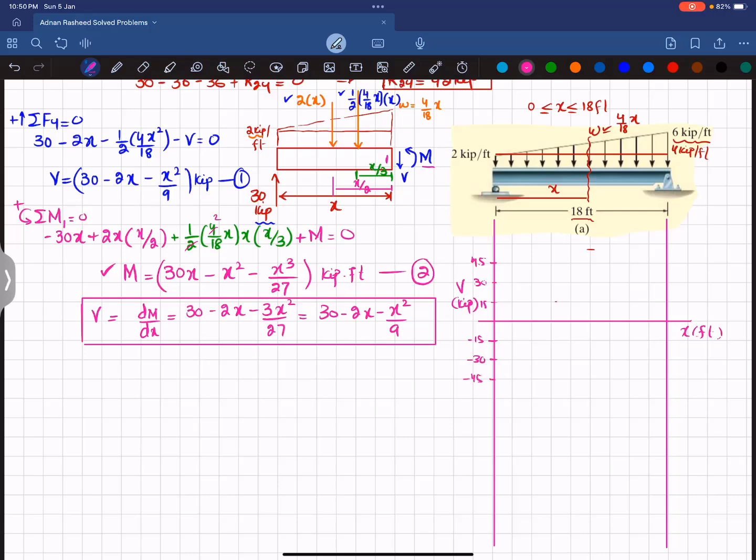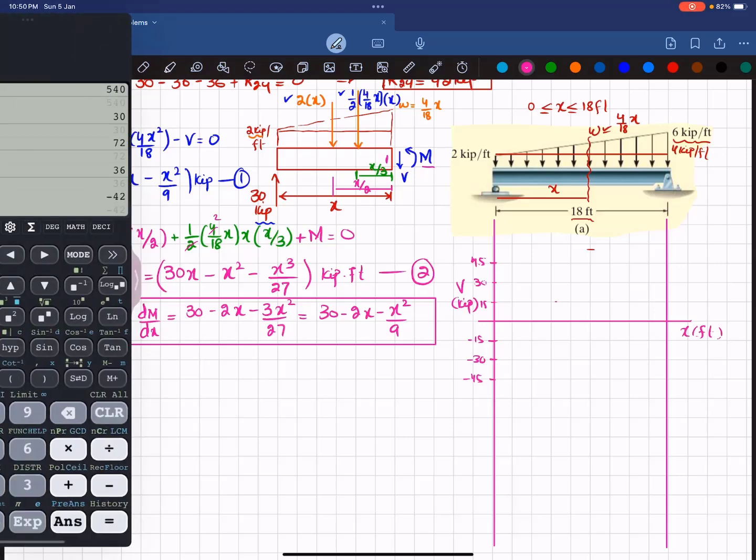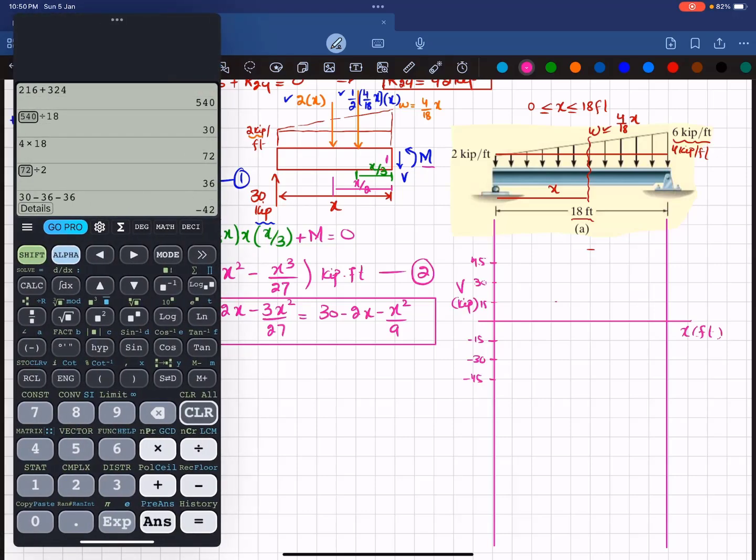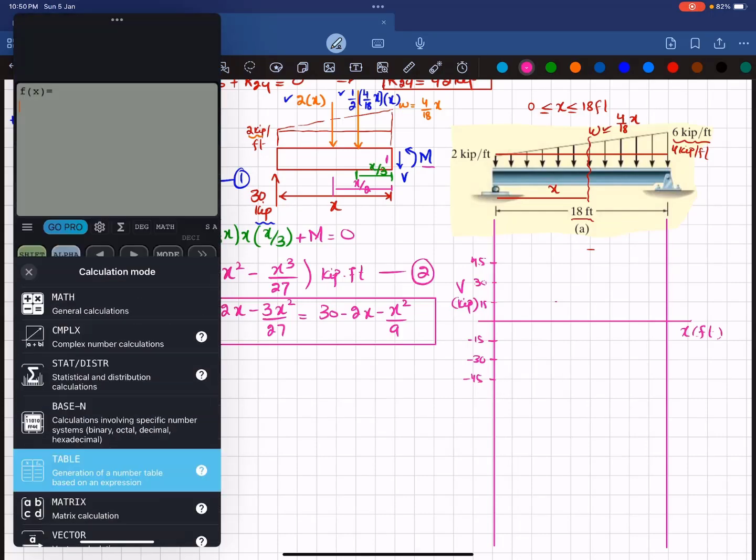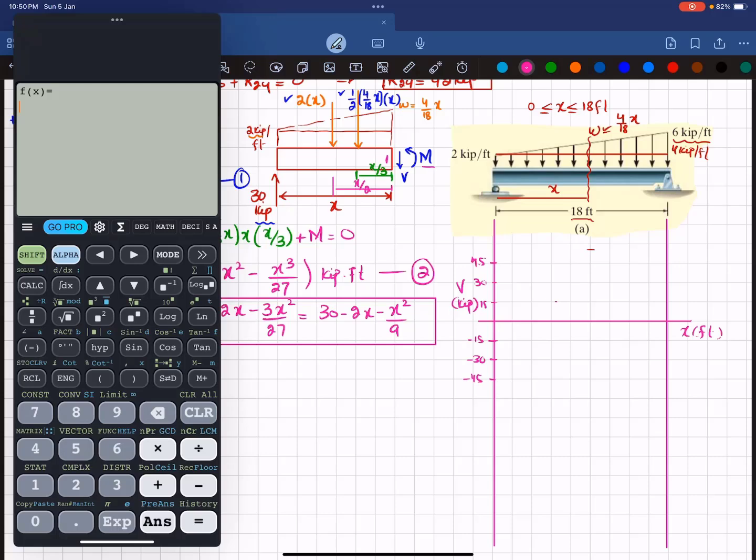Starting with equation number 1, I will take help from the calculator. To solve it, you go to the table and write the equation: 30 minus 2x minus x square divided by 9.